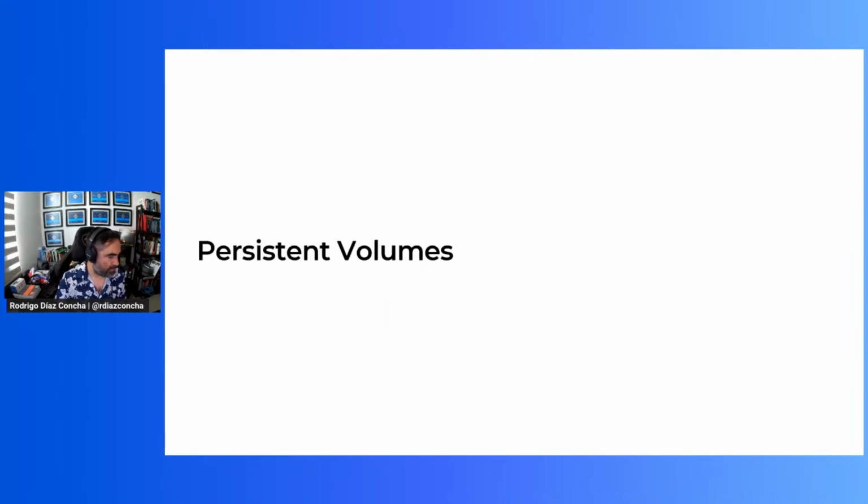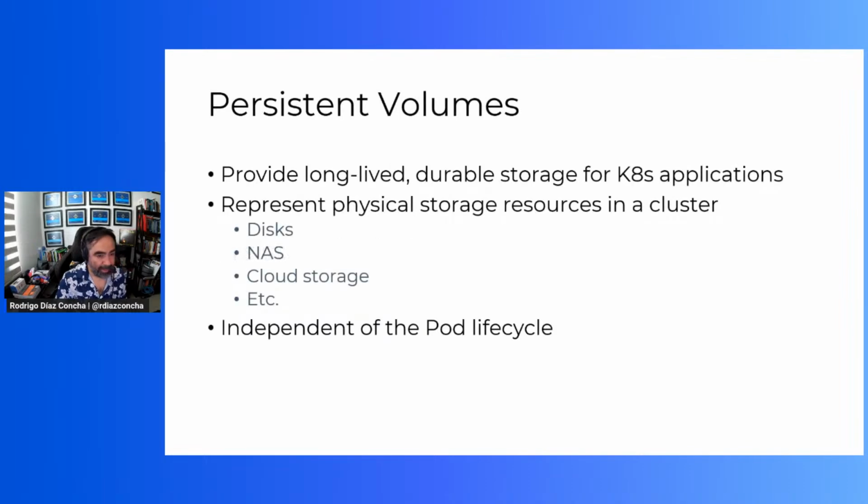persistent volumes. That's another thing that we saw. Persistent volumes, instead of being ephemeral, store data in a long-lived, durable storage for your Kubernetes applications. So there are many persistent volume technologies that you can use, such as disks, NAS, cloud storage, and so on.